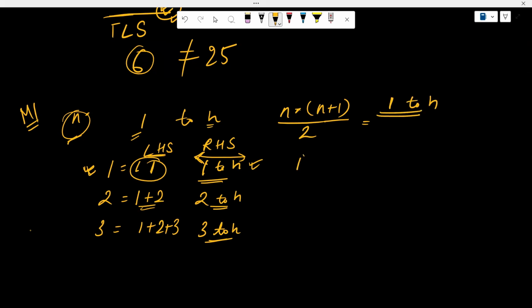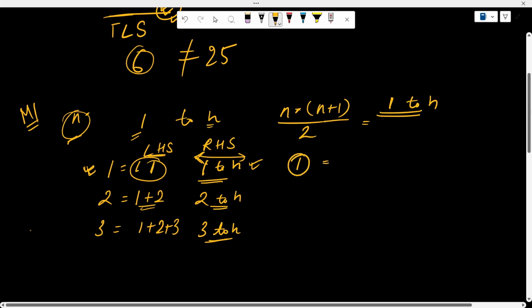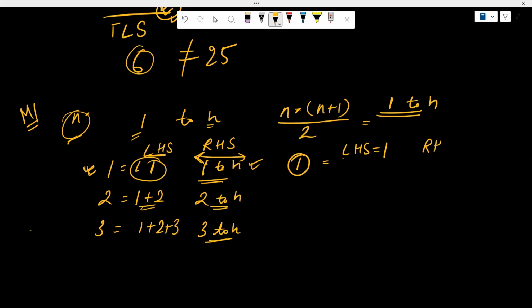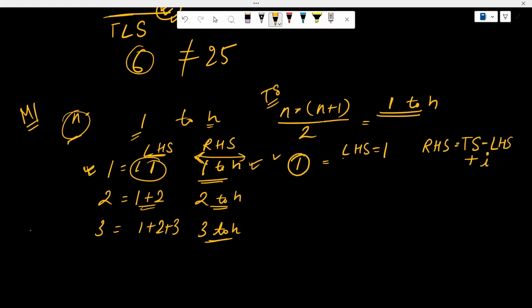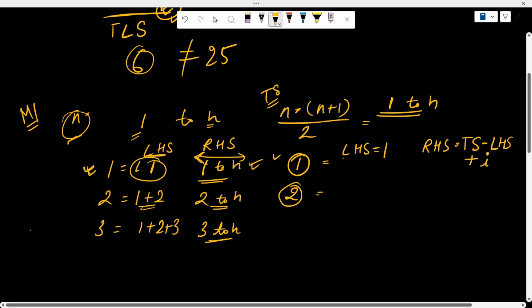When we are checking for a pivot as 1, we can make the left half sum as 1, and the right half sum will be this. Let's suppose this is the total sum. We can make it total sum minus left half sum plus that particular number, let's suppose it is I. Now for 2, if we are at 2, in the left half sum we already have 1.